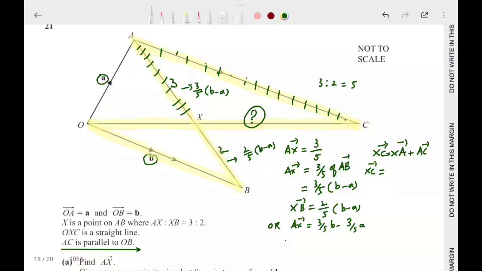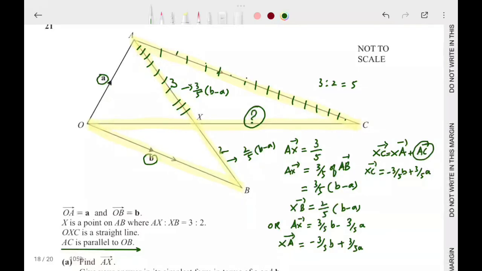So what would be xa then? We have to turn their signs opposite. So minus 3 over 5 b plus 3 over 5 a would be your xa. So we can write here minus 3 over 5 b plus 3 over 5 a. Now we don't have ac.